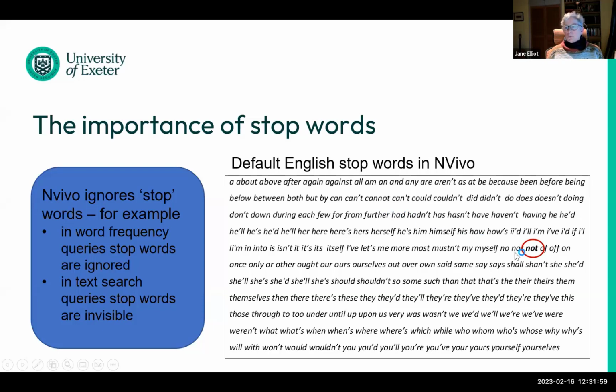But there's sometimes words like not, where depending on the qualitative questions you're asking, the sort of research questions you have, you might be really interested in who uses the phrase, I will not be doing this when I'm 60, as sort of they're using a negative way of expressing themselves. So not doing something, you may well want to actually search for that. So it's important to be able to amend these stop words to make them appropriate for your particular project.